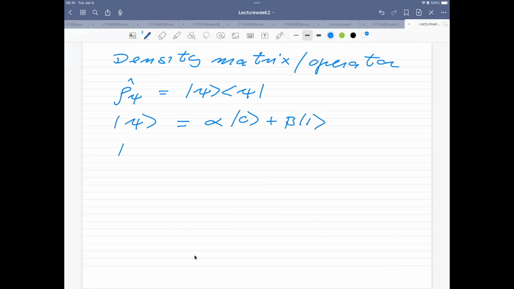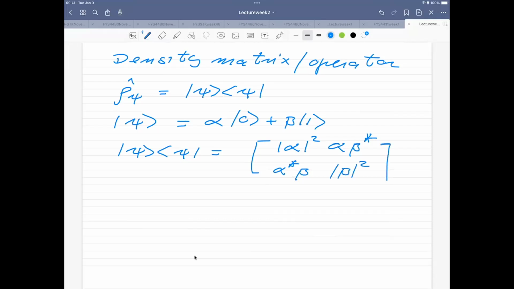And that means that if I take the outer product of psi, this is going to be given by a matrix where we have alpha squared, and then alpha times beta complex conjugate, and then the same here, beta alpha, and then beta squared, like that.